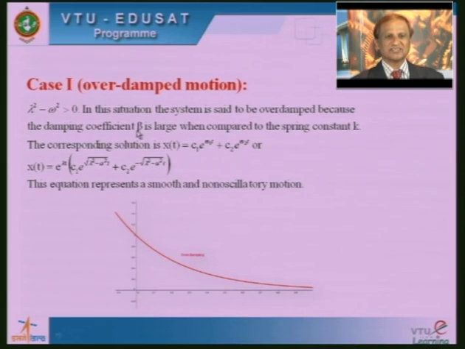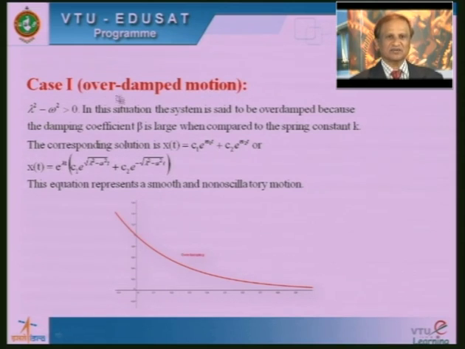Our differential equation contains beta as well as k. You can replace beta by some constant and k by some constant, and we have to think whether beta is larger than k or not. Suppose beta is larger when compared to the spring constant k, in that case we call the motion over damped motion.